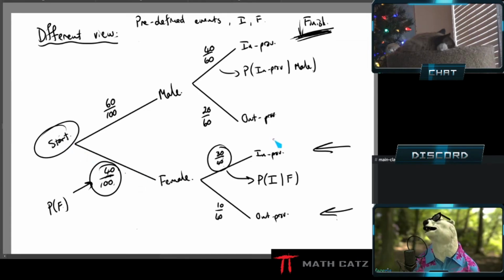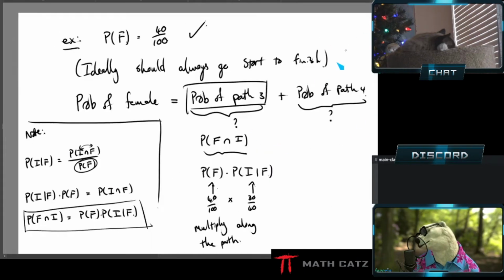I multiply along the path. That can work if the tree is much, much bigger as well. And the same thing for this. I don't need to write this ever again, really. I'm just doing it the first time to understand why I multiply along the path. It comes from the formula for conditional probabilities and how I set up the tree. But once I've done this, I'm not thinking of this ever again, honestly.